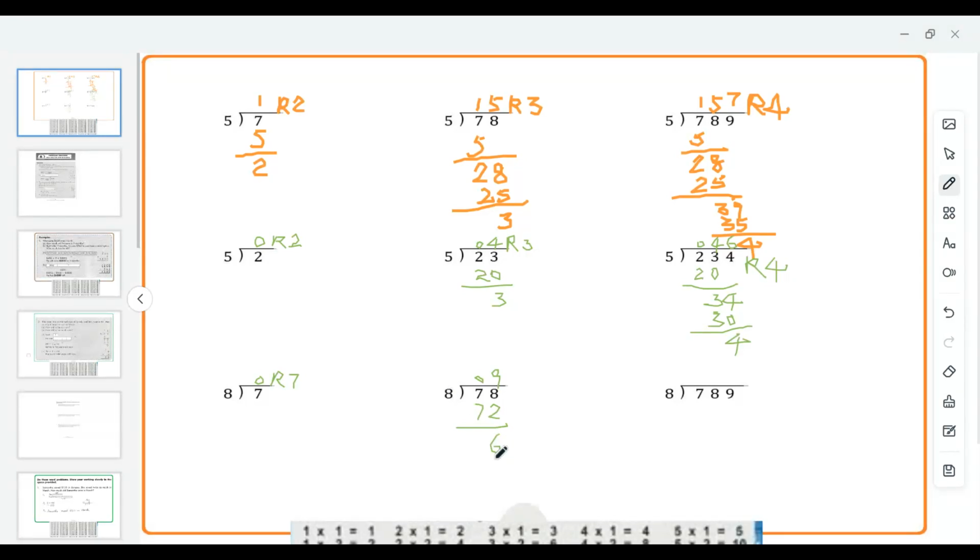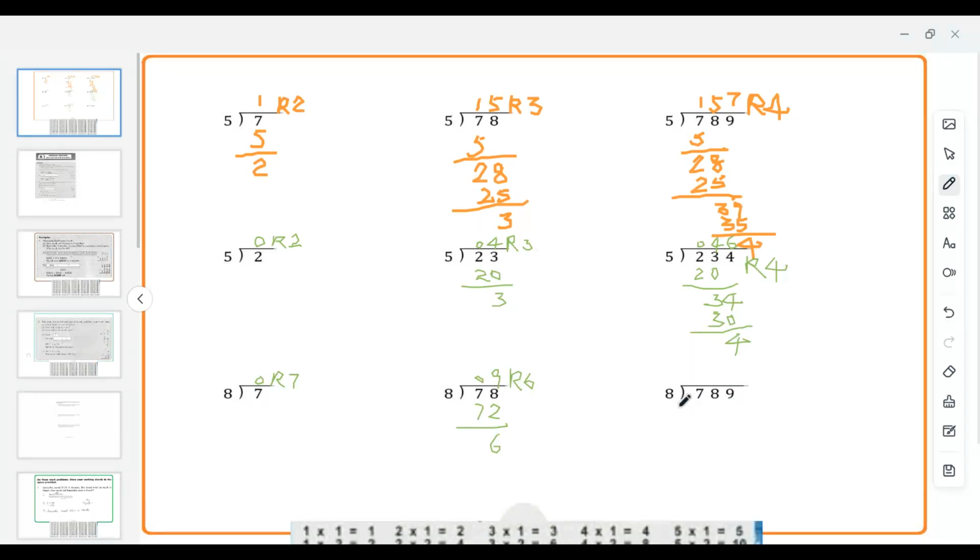Then we call this as remainder. Remainder is 6, which means you can't divide by them anymore, right? The last number, which is too small for the number outside, you can't divide by them, so we call leftover. That's remainder.